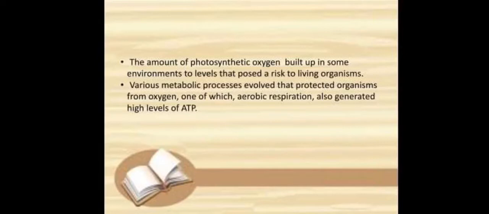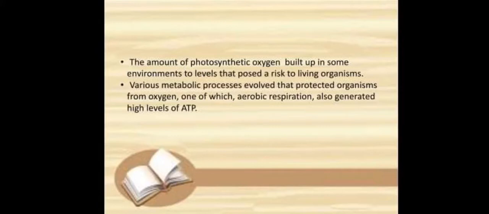Various metabolic processes evolved that protected organisms from oxygen, one of which, aerobic respiration, also generated high levels of ATP. It became widely present among prokaryotes, including in a group we now call alpha proteobacteria.